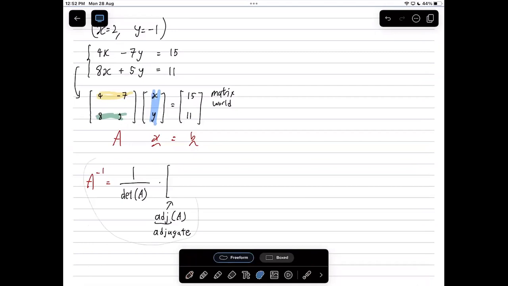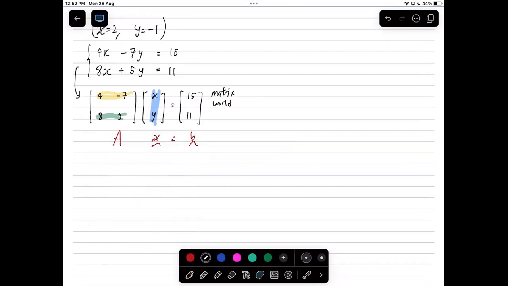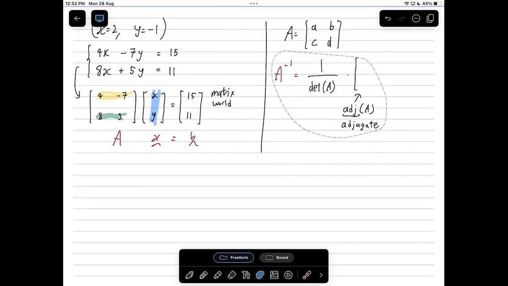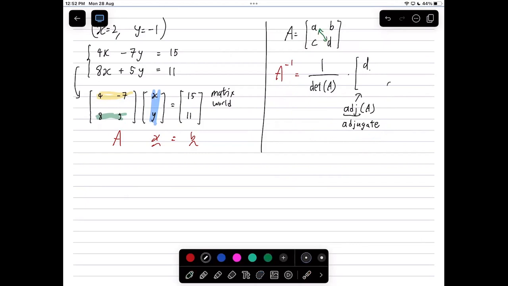Maybe I should have started with this. Sorry, let me try again. I start with A equals A, B, C, D like this. Whatever number it is. In this case, A, B, C, D is 4, minus 7, 8, and 5. Later I show you the example. Then A inverse is defined to be 1 over the determinant of A multiplied by A and D here. I'm gonna swap their positions. So I end up with D at the top left, A at the bottom right.